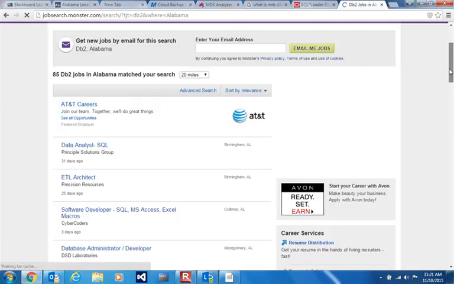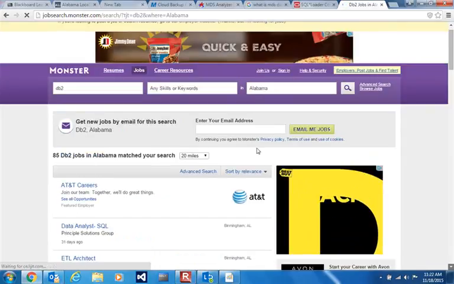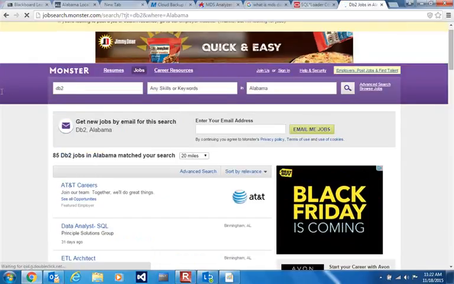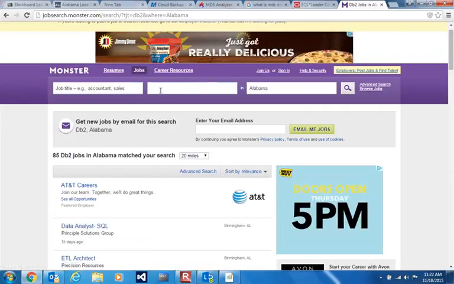IBM does have other products besides DB2, but I'm not sure that just brought DB2 jobs. It looks like it has also some other databases in there as well.